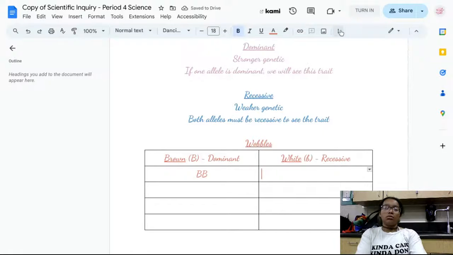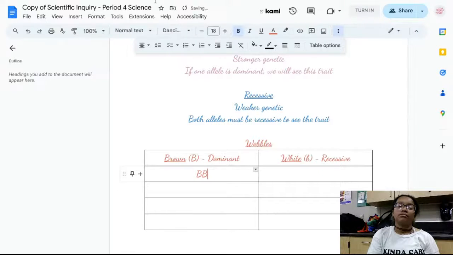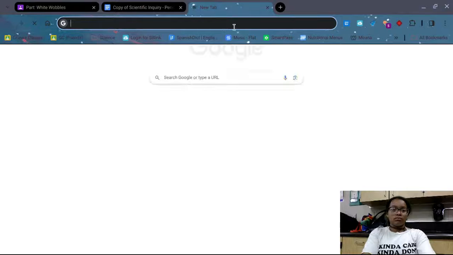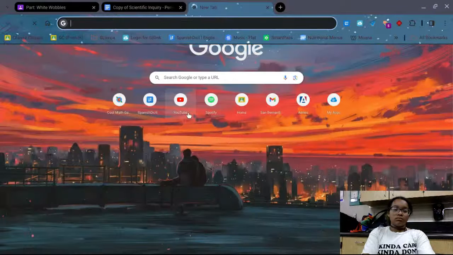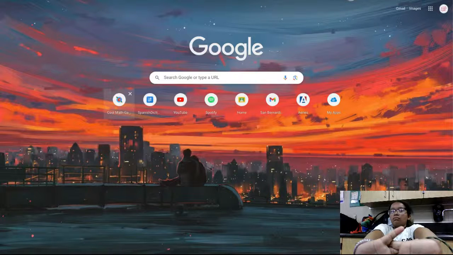A lot of times when we write this, we like to put the capital letter first. The only reason I wrote this the other way around is because I wanted to show that one parent gives us one allele and the other parent gives us the second allele.